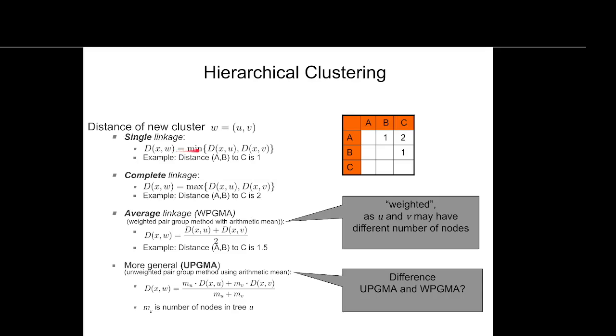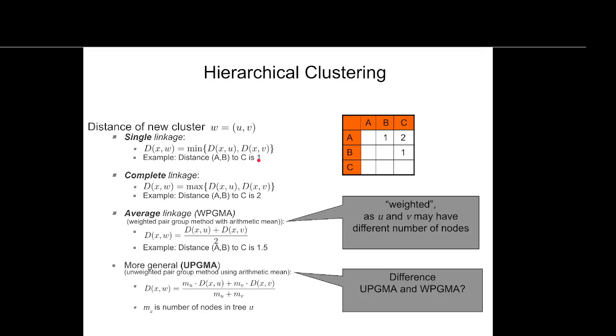And in single linkage, we take the minimum of X's relationship to U and X's relationship to V. And if you consider this very simple example, 3 nodes, A, B, C, A to B, and B to C have distance 1, A to C has distance 2. And so the distance between AB to C, in this case, is 1.